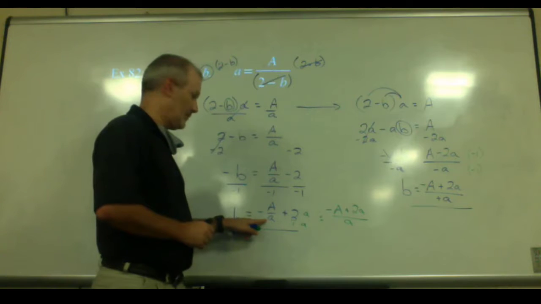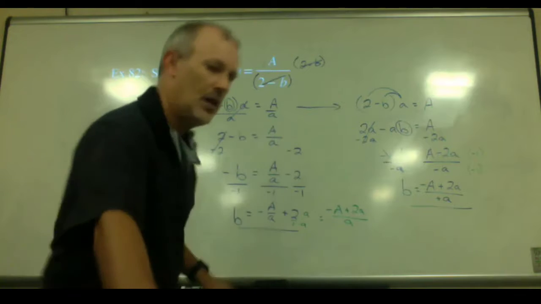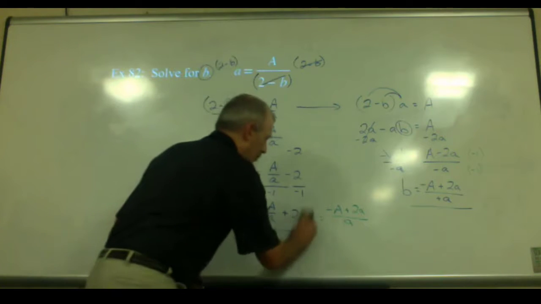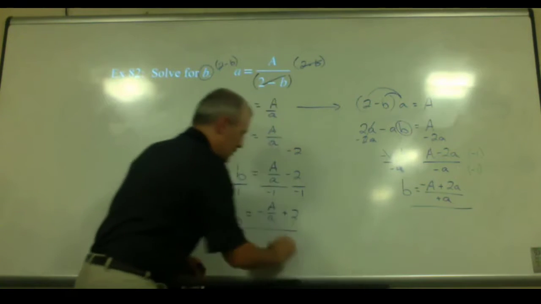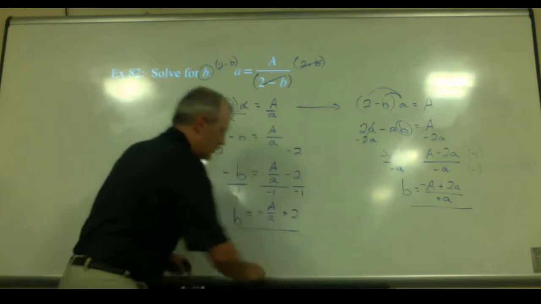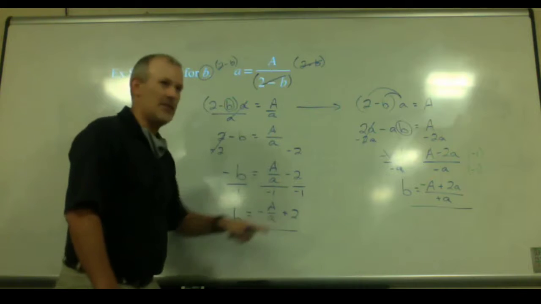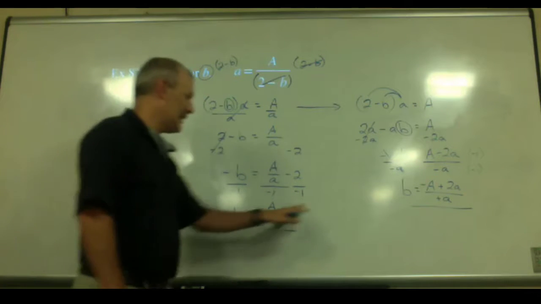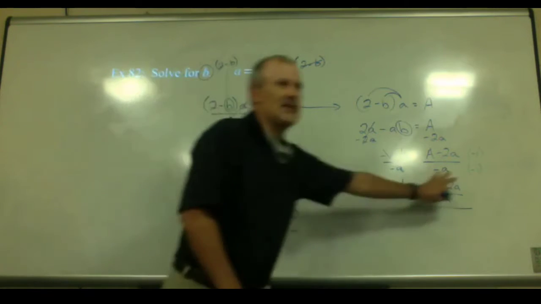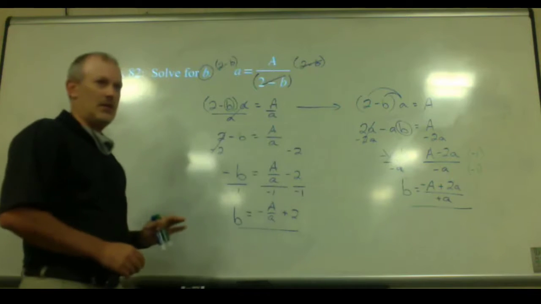Well, these a's weren't here before. So the a was still only under the capital A, the lowercase a, and the 2 was by itself. The reason I did that was to show you that this answer is actually the same as this answer. But it wasn't there before.